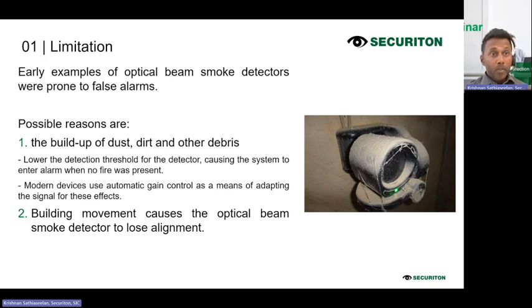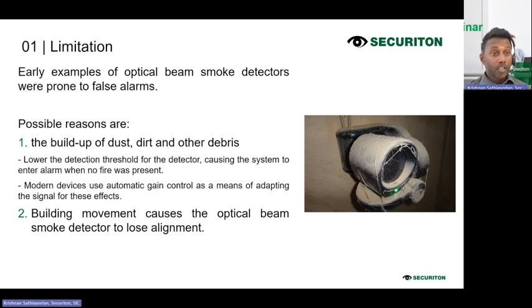So possible reasons are the buildup of dust, because we are diving into recycling plant applications. Obviously, the amount of dust accumulated in such buildings is quite drastic, with dust and debris and whatsoever. So the detection threshold of the detector is lowered, causing the system to enter alarm when no fire was present.